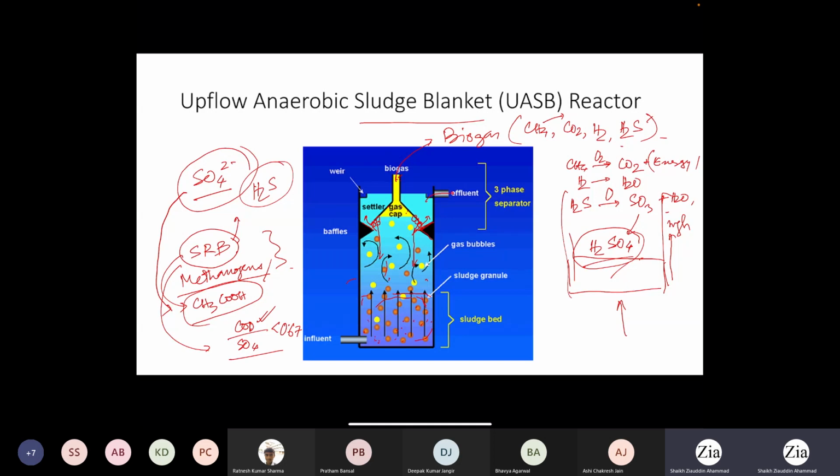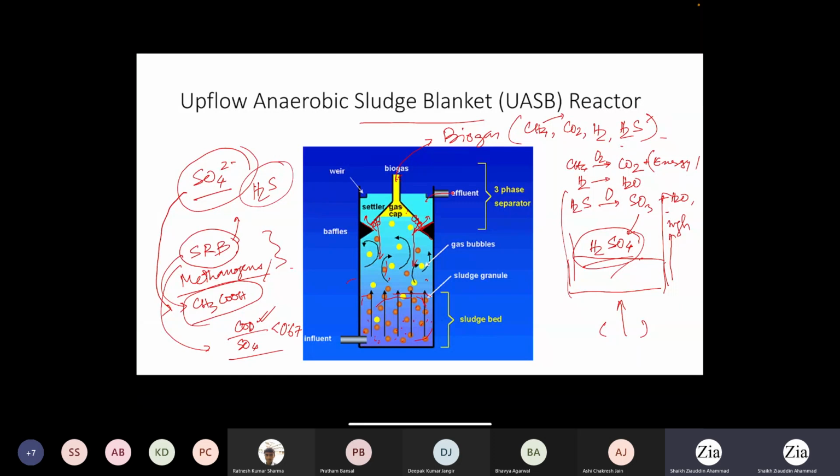So chemically, when you try to oxidize any compound present in the system, then you can estimate the oxygen demand, or chemical oxygen demand, of that influent. Generally for COD estimation, we use a strong oxidant like potassium dichromate, K2Cr2O7, and then we oxidize the oxidizable content present in the liquid.